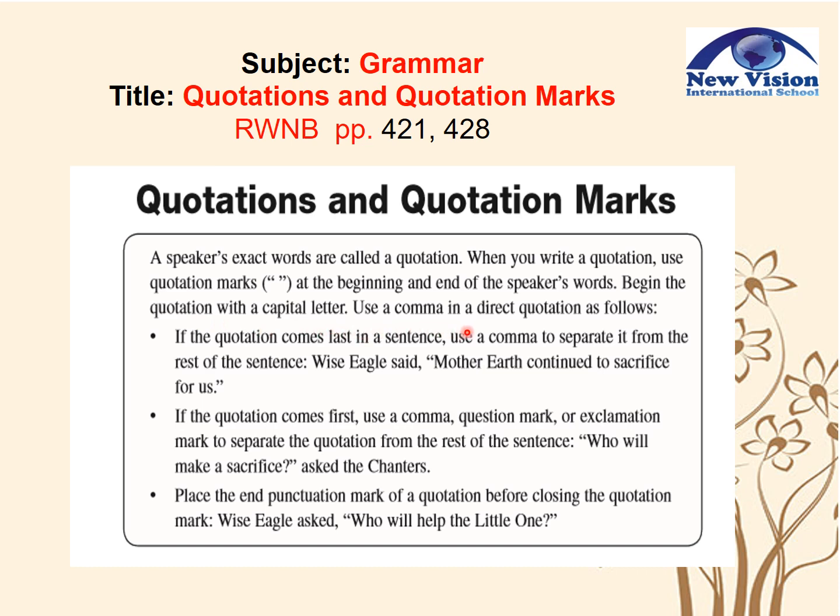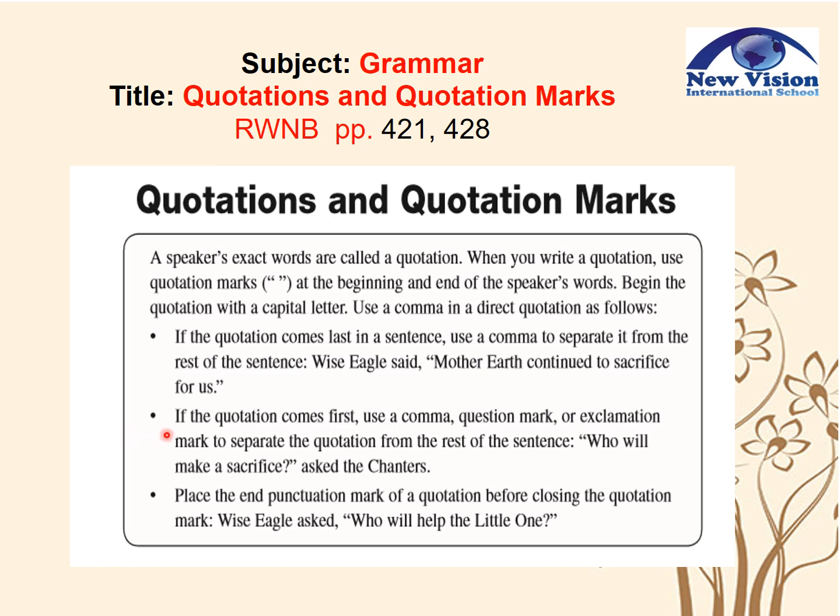Use a comma in a direct quotation as follows. First one, if the quotation comes last in a sentence, use a comma to separate it from the rest of the sentence. Example: Wise Eagle said, "Mother Earth continued to sacrifice for us."